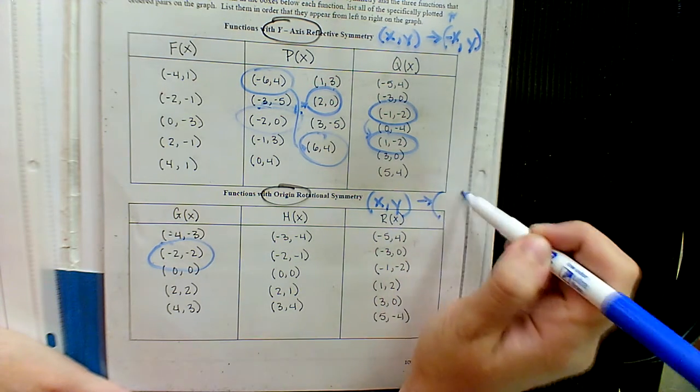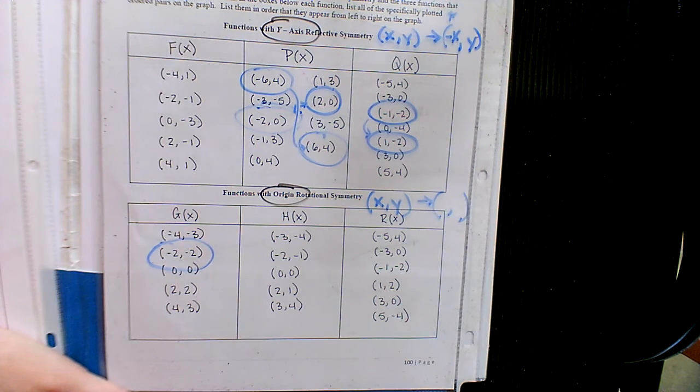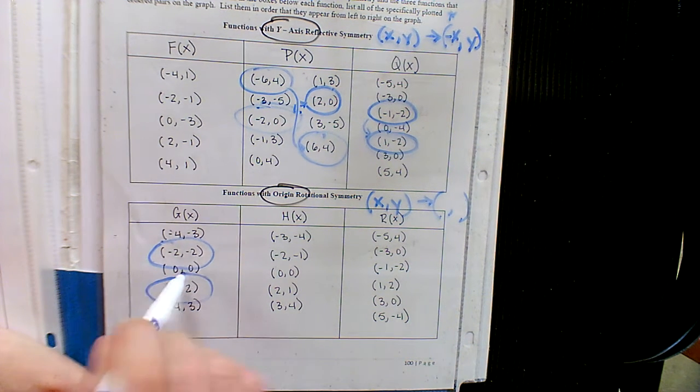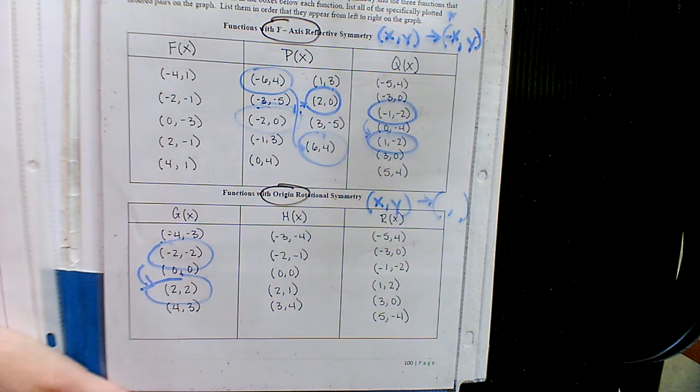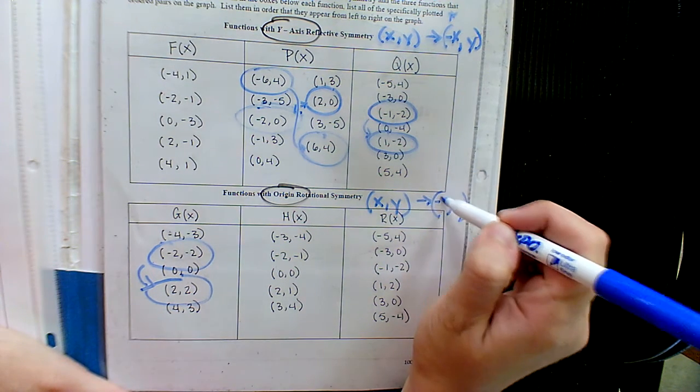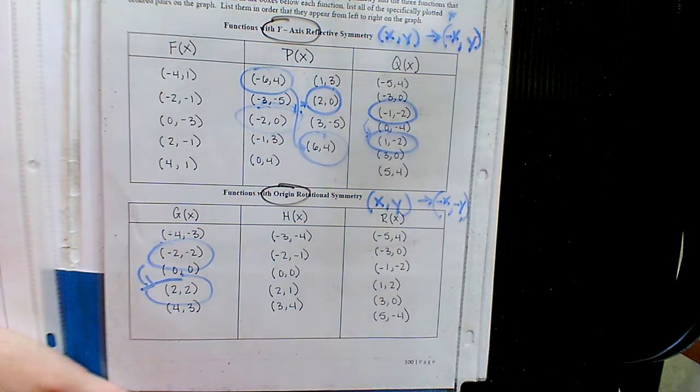Is there a related point to that one he picked? Can we find it? Probably 2, 2. And it looks like both values switched. So we'd have -x, -y.